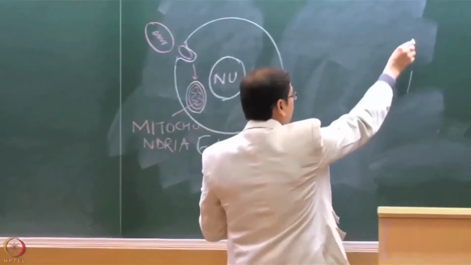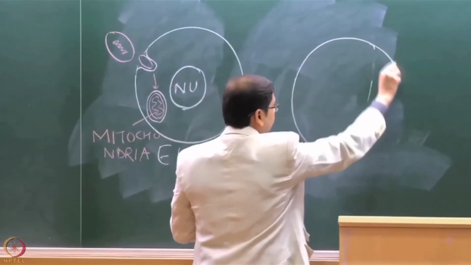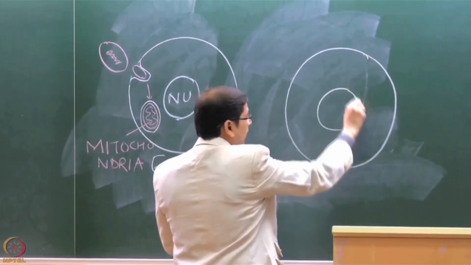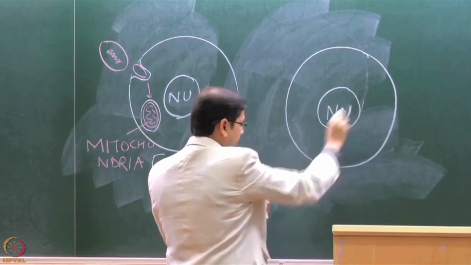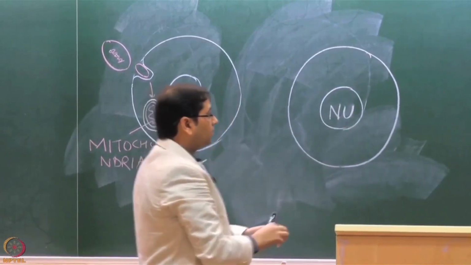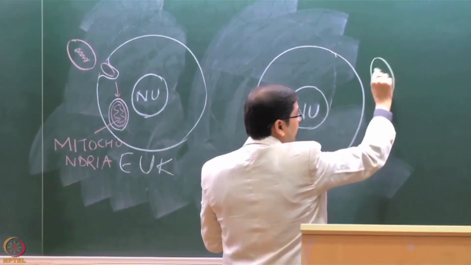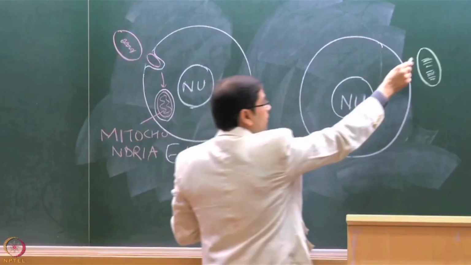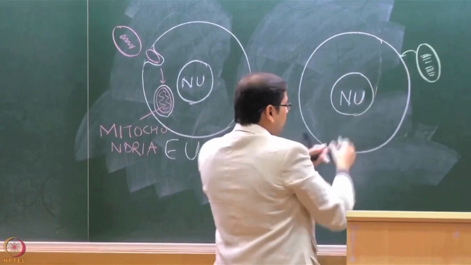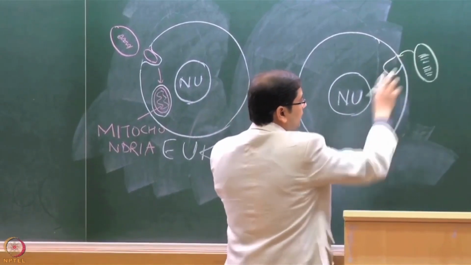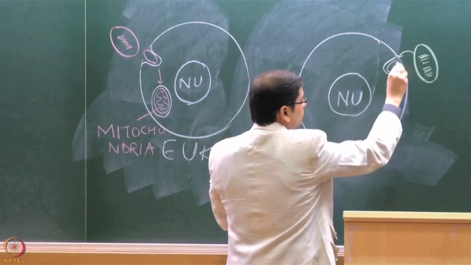Let us now think about another situation where another bacteria came in contact with another eukaryotic cell. This new bacteria had the capacity to do photosynthesis, and it got in close contact with the eukaryotic cell and again got engulfed inside it.